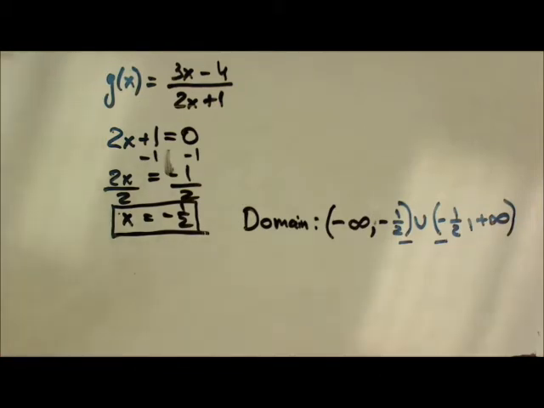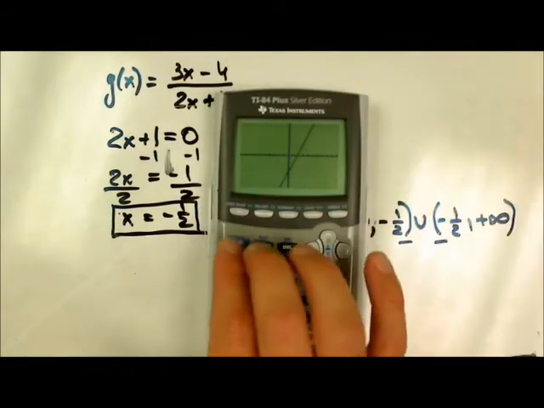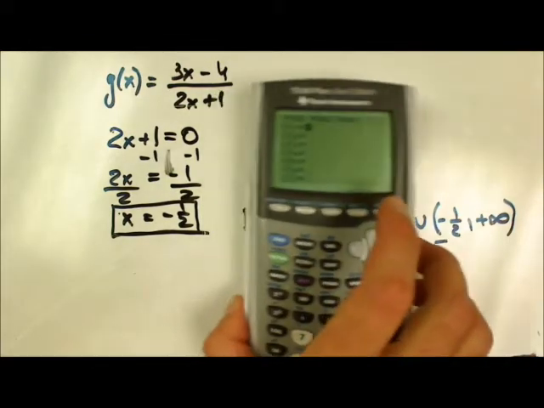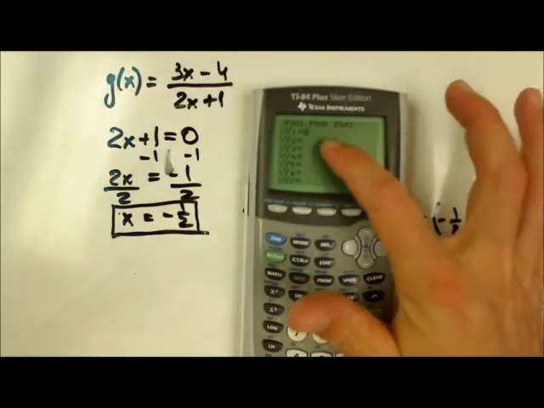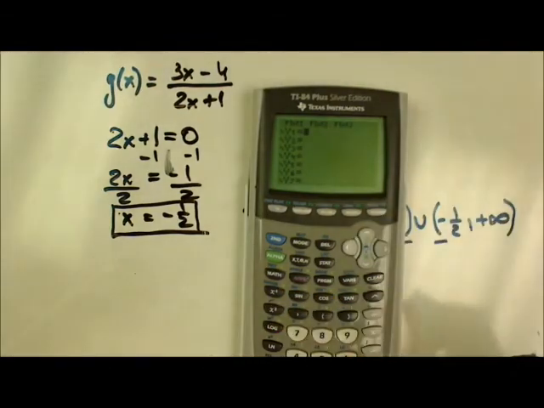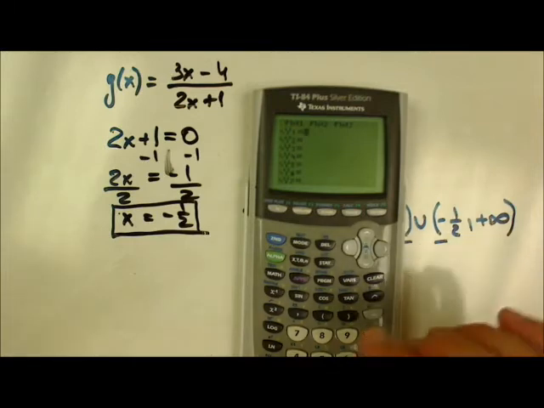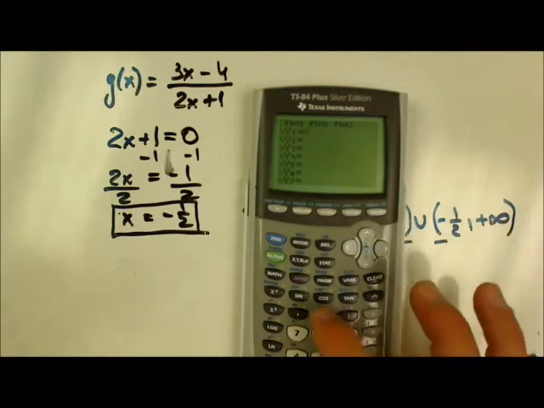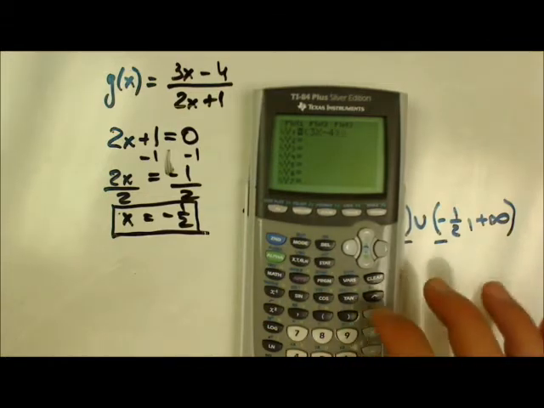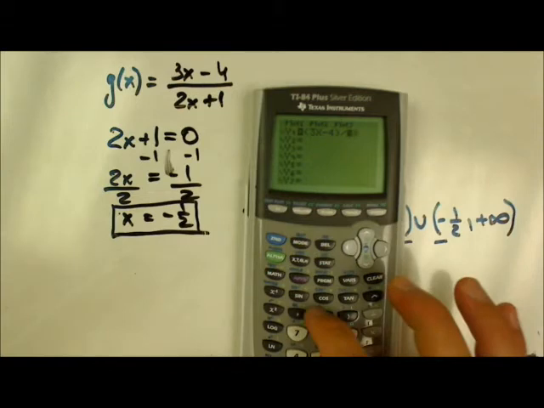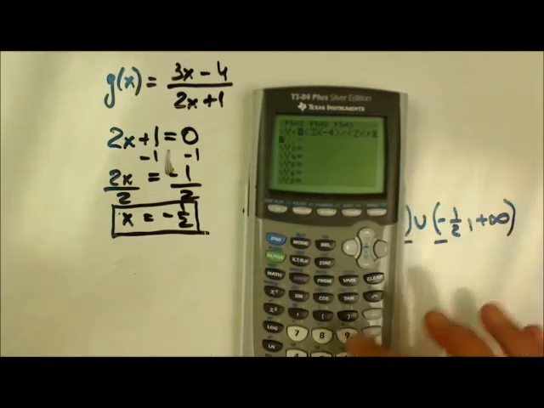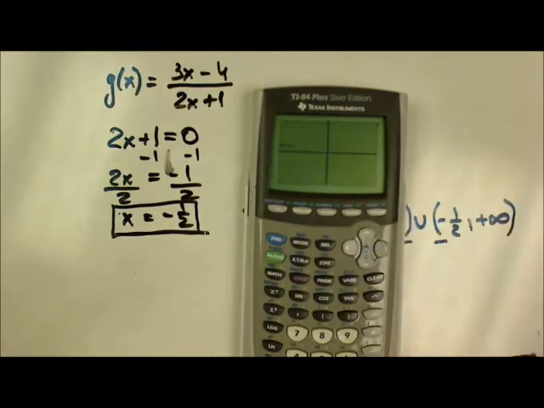To do it the graphical way, we use the calculator. Okay, y, clear. Just plug in this function, and when you plug it in, you have to remember to use parentheses for the whole numerator and denominator, because otherwise it will be a different function. Open parenthesis, 3x minus 4, close parenthesis, divide everything by, again, open parenthesis, the whole denominator, which is 2x plus 1. Now graph it.